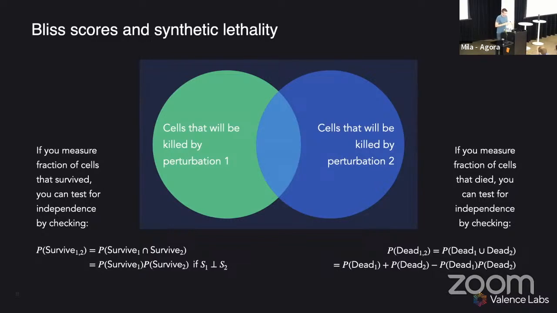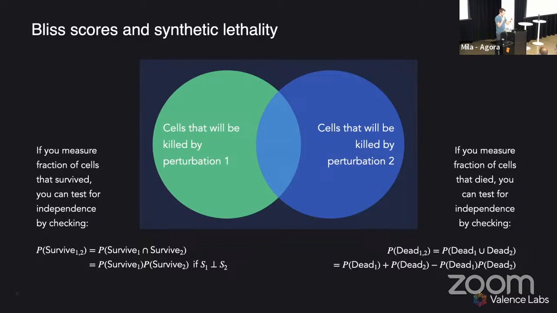In which case, in the double knockout perturbation, you measure some fraction of cells that died, and you're comparing that with the sum of the fraction of cells that died in perturbation 1 and the fraction that died in perturbation 2, minus the product of probabilities to get rid of the interaction term. Okay, so this is very simple first year statistics stuff, but the thing that's interesting to think about here is when we're in control of this measurement process.